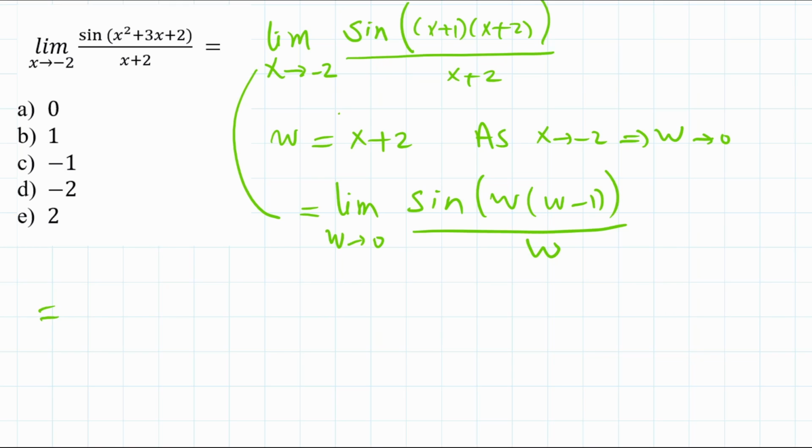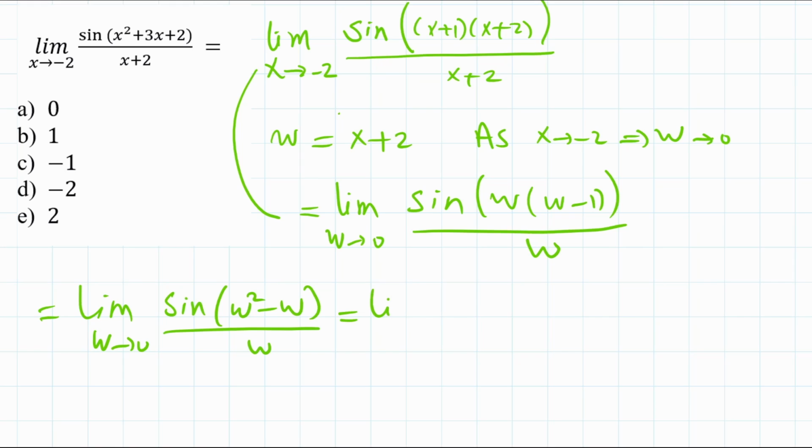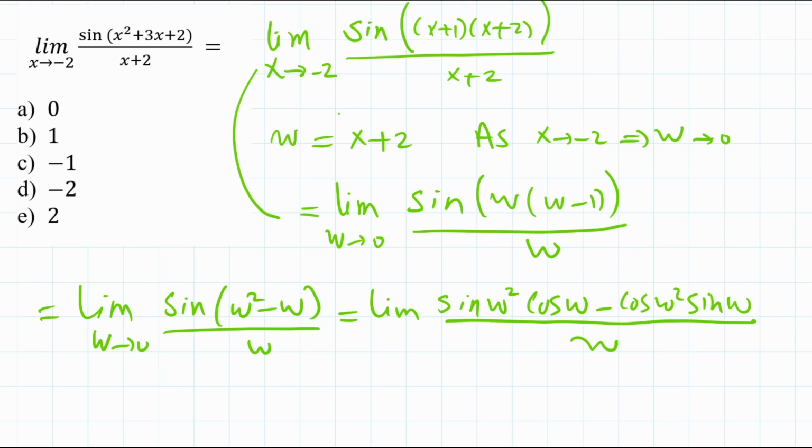Now this limit, of course, the sine could be expanded, so this is the sine of w squared minus w divided by w, which is equal to the limit of sine w squared cosine w minus cosine w squared sine w. Everything is divided by w. I've just expanded sine alpha plus beta as sine alpha times cosine beta plus cosine alpha times sine beta. If you have a minus sign, then the middle sign will just change.